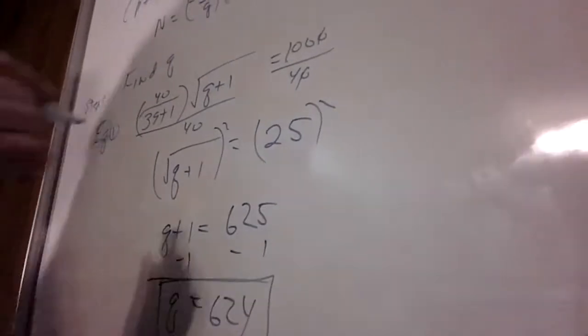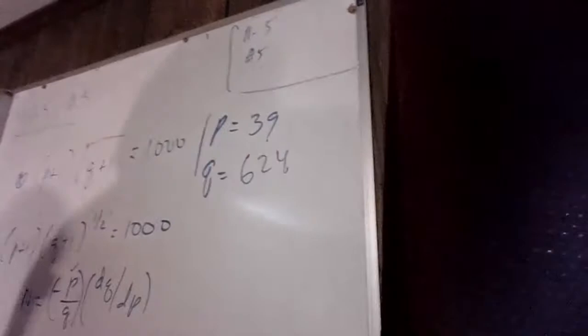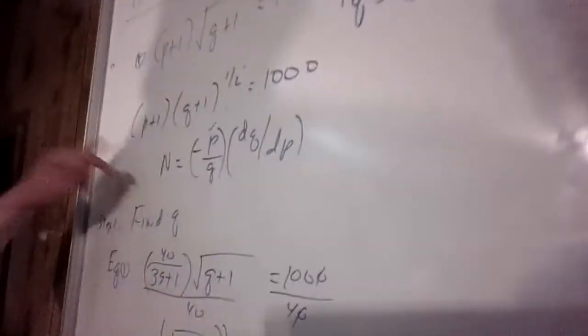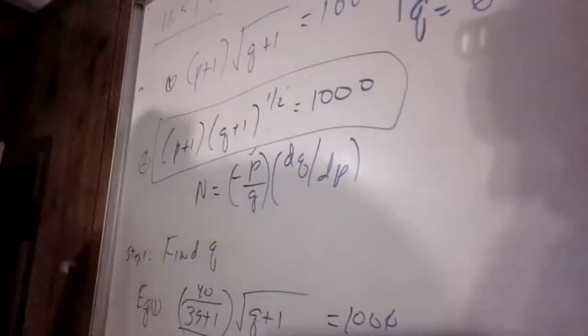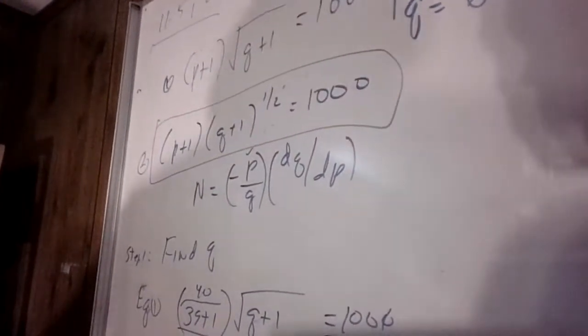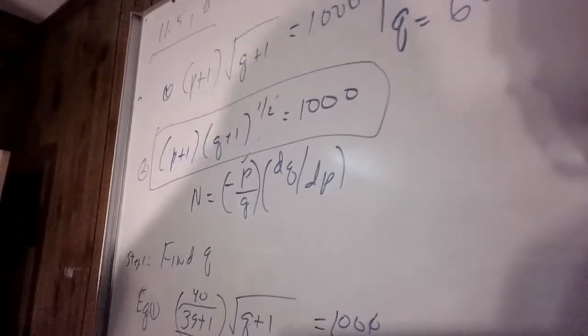So I can put that up here. Q is 624. So now I have P and Q, and I need dQ dP. So now I have to differentiate this function here in this form. I'll call that 2. It looks like we're going to have to do it implicitly.